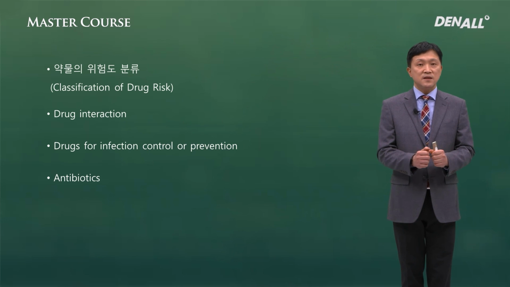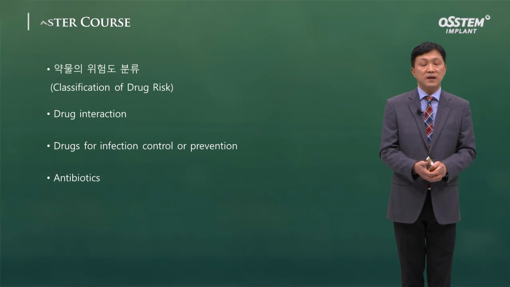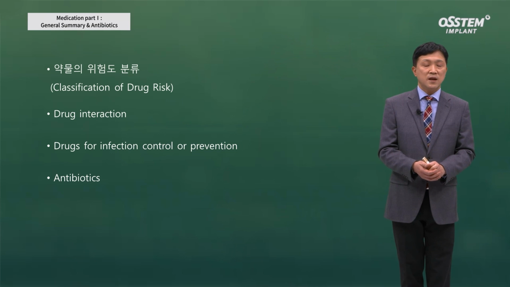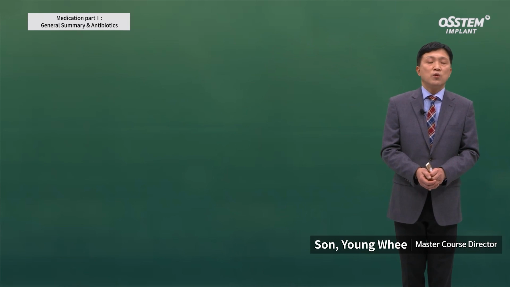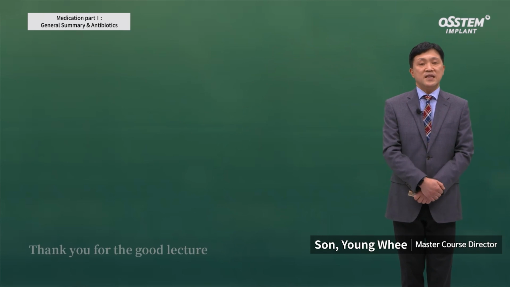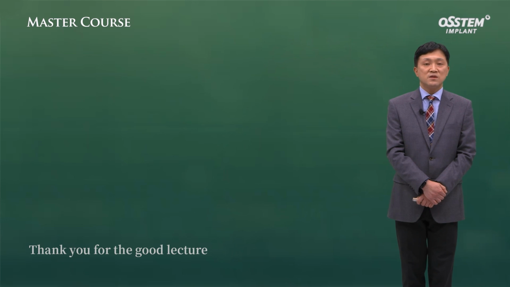And depending on the situation, you need to change the antibiotics in order to better control the symptoms of a patient. So today, I've been talking about a general summary of antibiotics. Thank you for your attention.